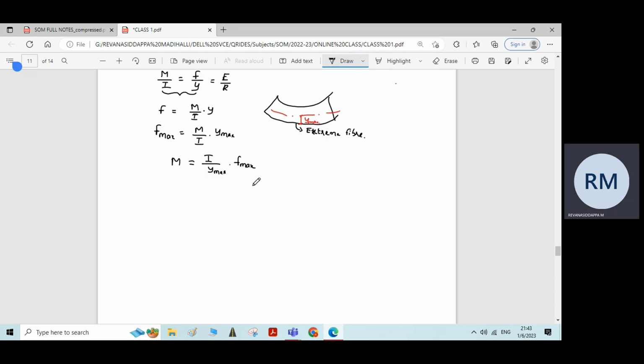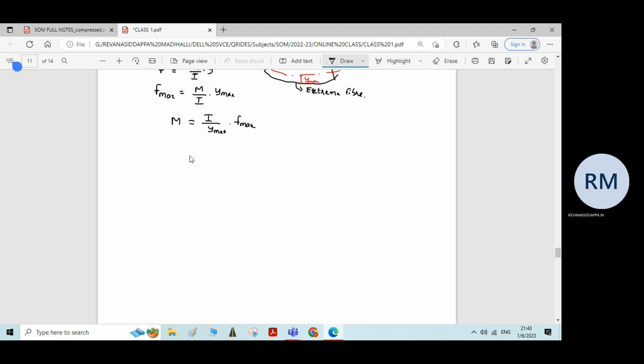Now M is equal to this I by Y max, no? This I by Y max itself is called the section modulus, which is represented by the letter Z, into F max.